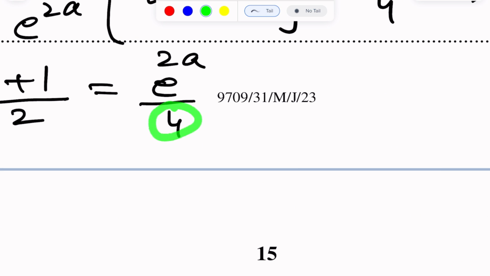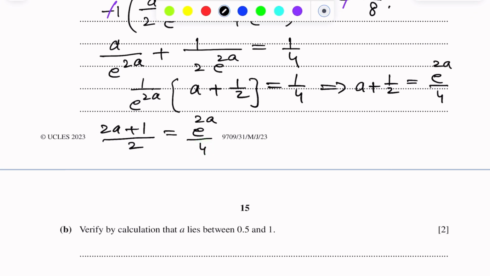So we can further simplify it: 2a plus 1 is equal to e power 2a over 2.